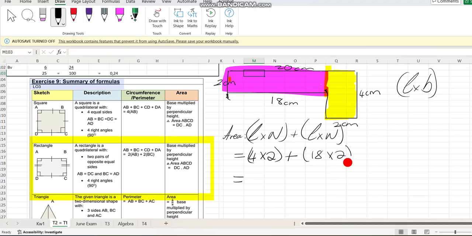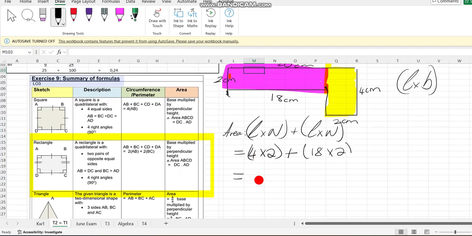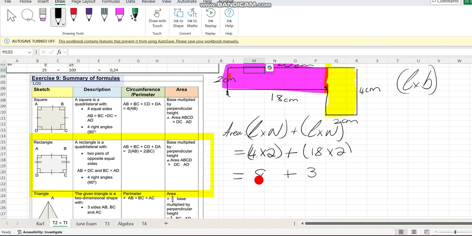Right. So 4 times 2 will then give you 8 plus, and that will give you 36. So that will give you 44, and 44 what? Centimeter 2.